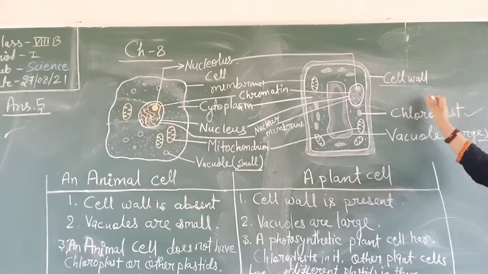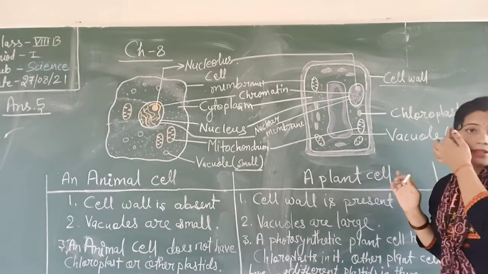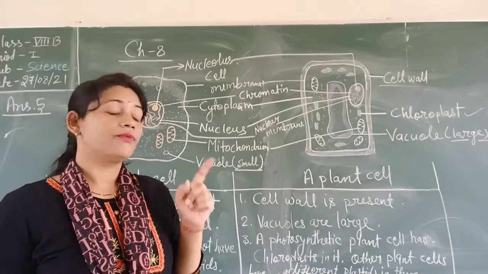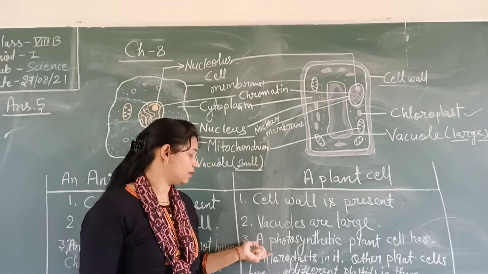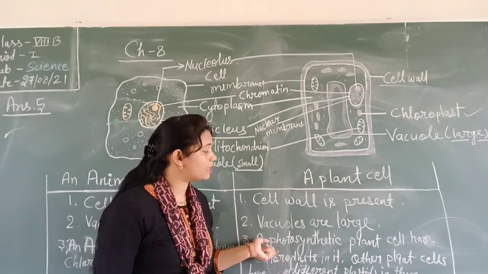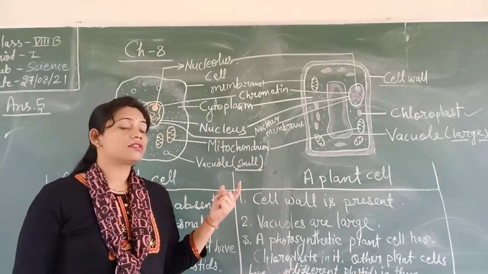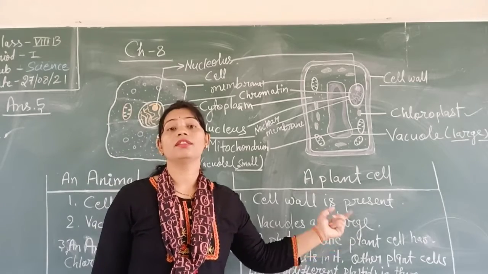Now one other thing is written here. So these 3 points which are written here are differences. The third one is chloroplast. So in which type of plant cells? Which are photosynthetic. A photosynthetic plant cell has chloroplast in it, and some other plant cells have different plastids in them.